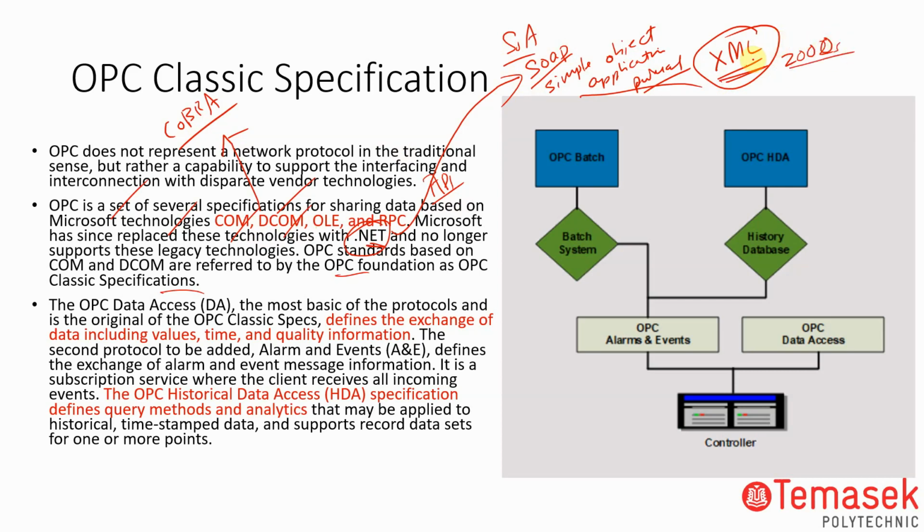It defines the exchange of data in a very complicated system that includes data, value, time, quantity, and so on. The early days had the DCOM portion, and it has some historical data access specification and all that for OPC.